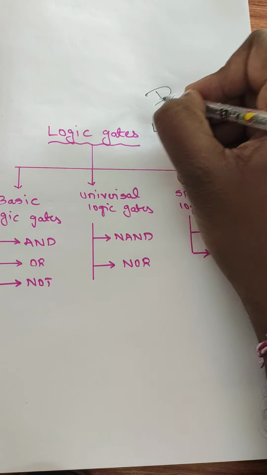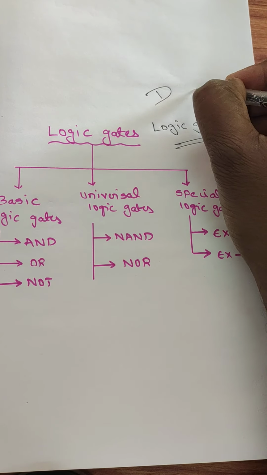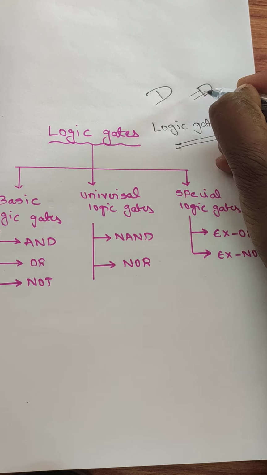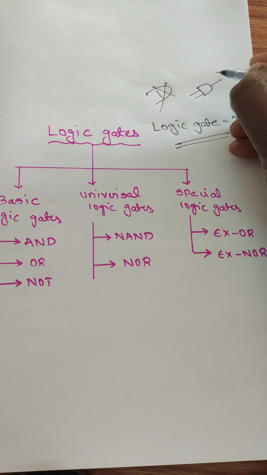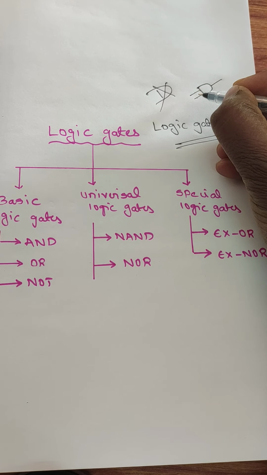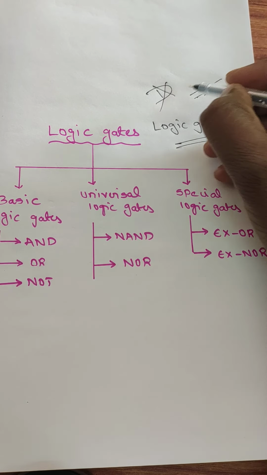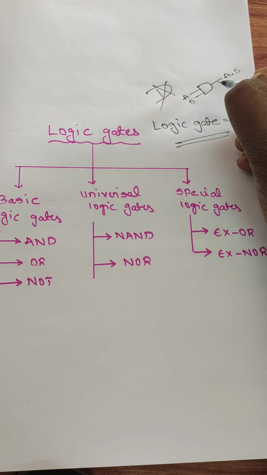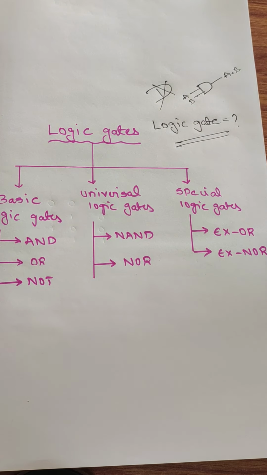Suppose we'll see one gate. This is an AND gate. For this AND gate we are giving one or more input signals, A, B. Here A dot B, only one output signal.